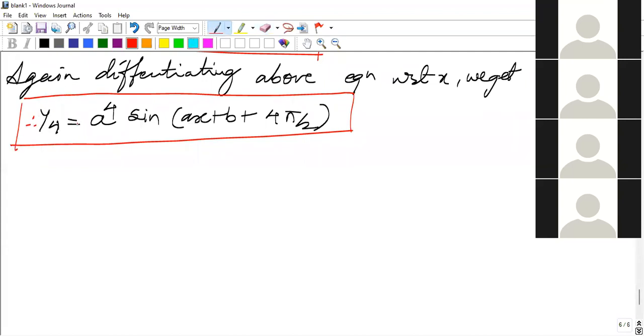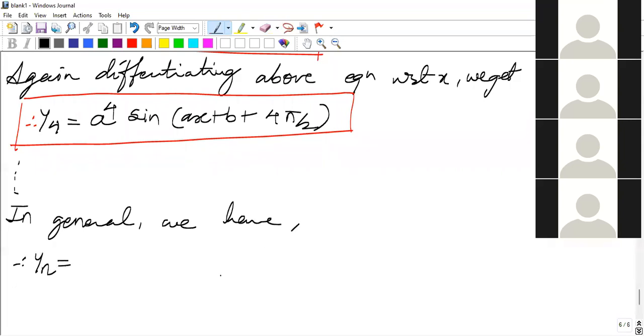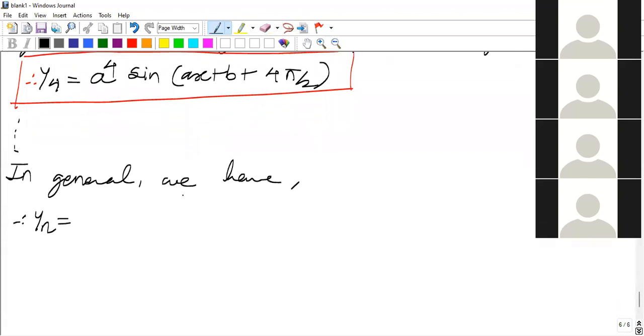So here we can go on like this, and then in general, we want to find yn. I hope it's going to be easy for you to guess.